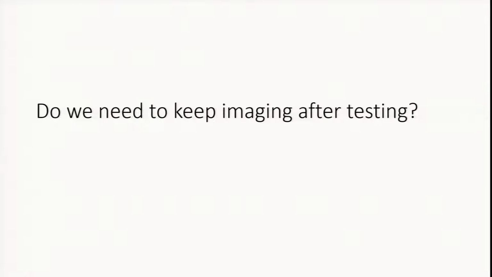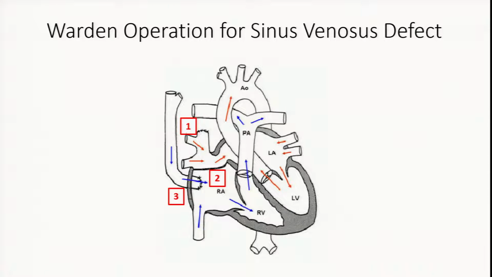So I know that frequently I'm asked, is there a preferred reason to use one approach versus the other? Yes, it usually is where the anomalous pulmonary veins are draining. Sometimes a Warden is hard to do if you have another anomalous pulmonary vein coming very high, because then it's hard to divide and stretch it all the way to the right atrial appendage.